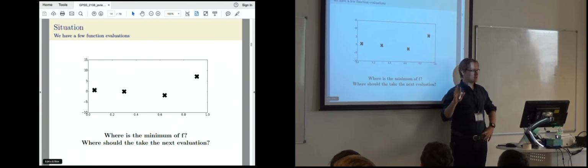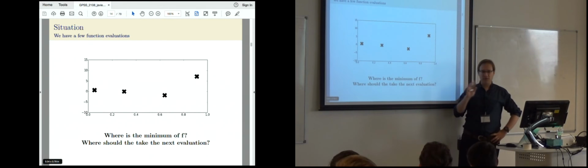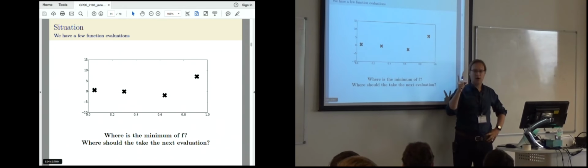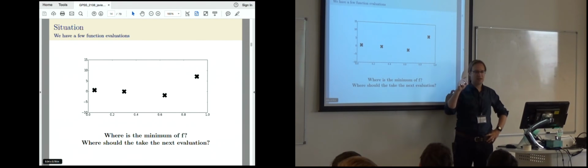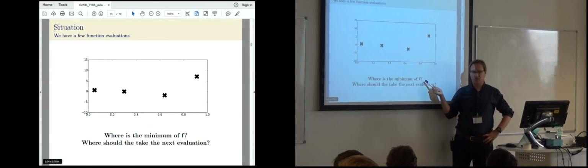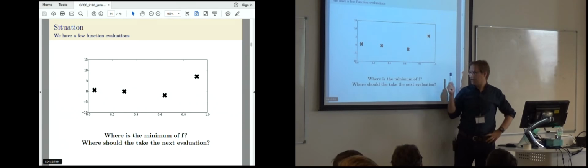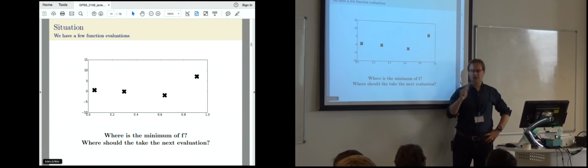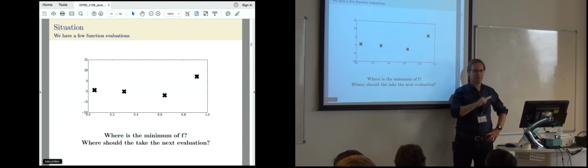And the second question is, if you can collect a new evaluation, where would you collect it? And also, do you think that the location of where the minimum is and the location where you should collect the next evaluation should be the same or not? I'm going to give you 20 seconds to think about it. You can talk to the people on your right, on your left, and then I'll check with you.